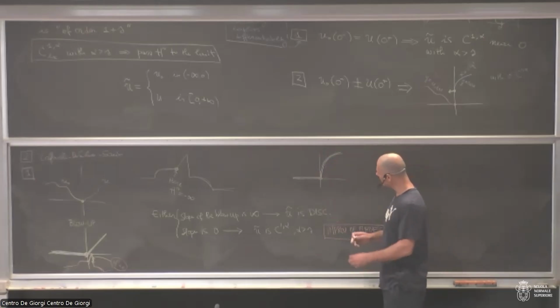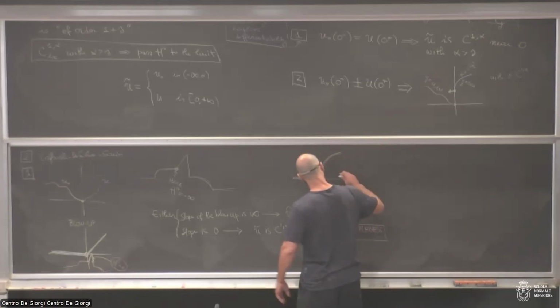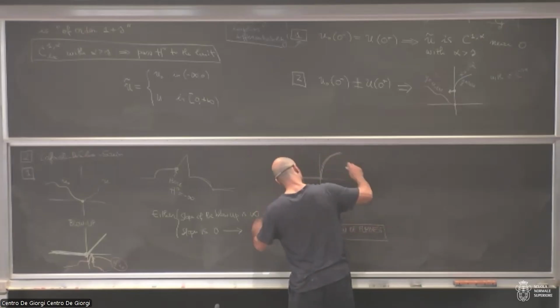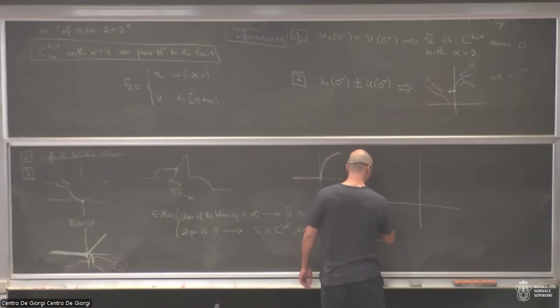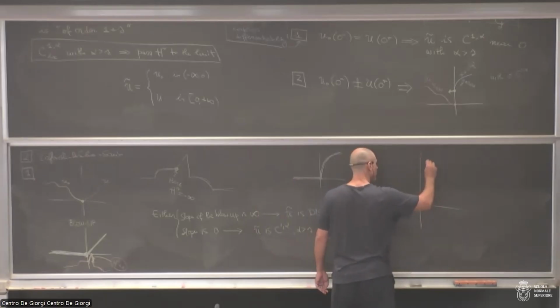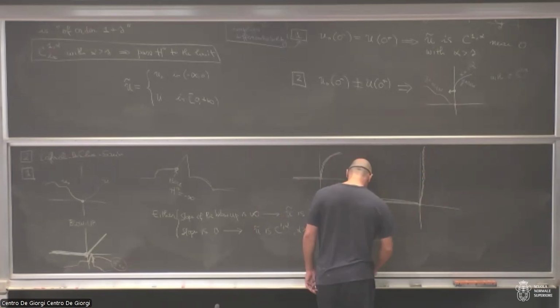And then this means that you enlarge this picture, so you zoom out. Here's something like this, so 0, and almost vertical.